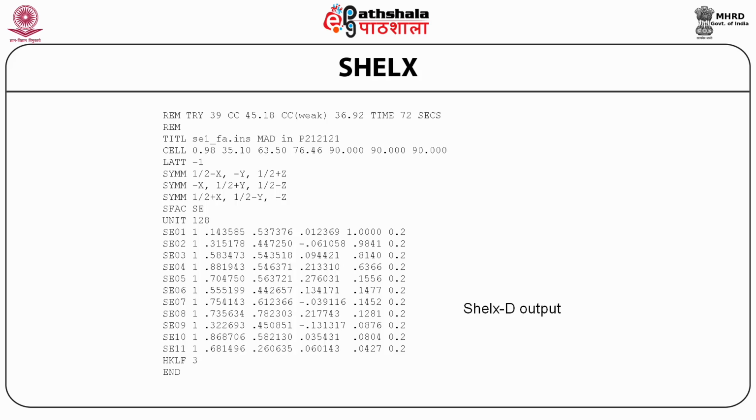The scattering factor is given as selenium atoms, so they are given 128 selenium atoms. We just see within minutes it has found the selenium atom positions. In the third item along every row, starting from X, then Y, then Z coordinates are there, then the occupancy of the selenium atom is given. So these are all called heavy atom positions, which are output by the SHELXD program.